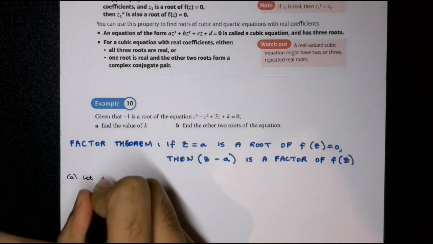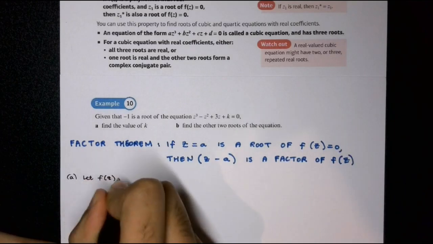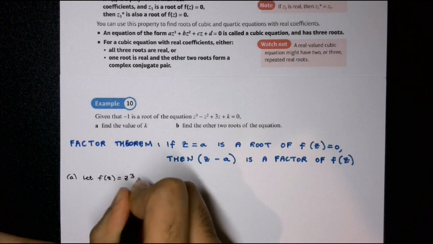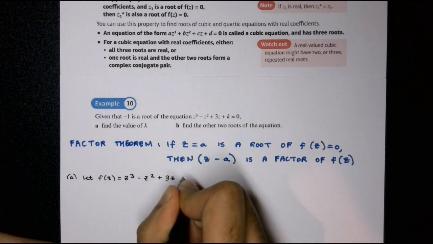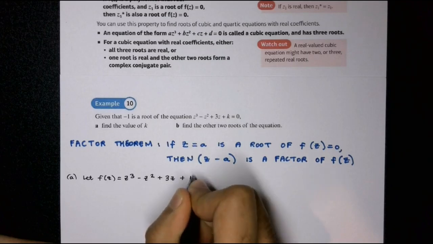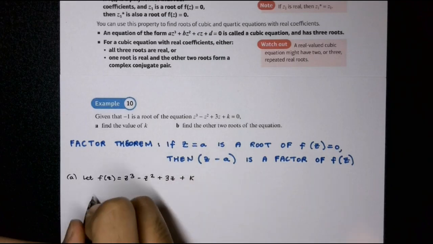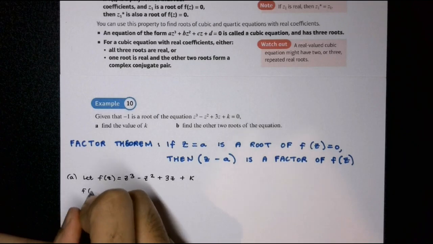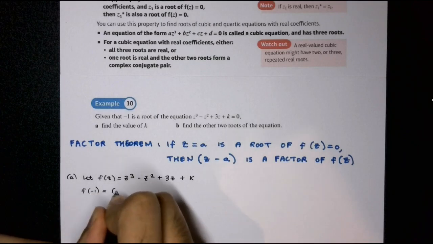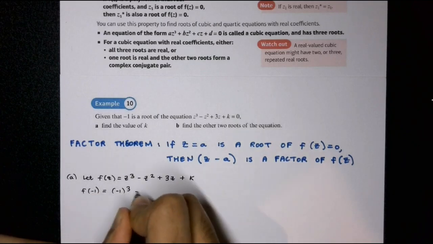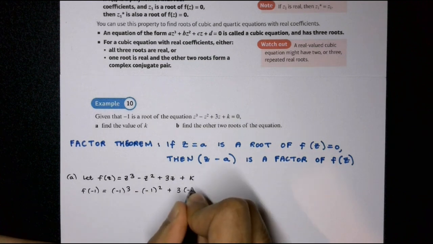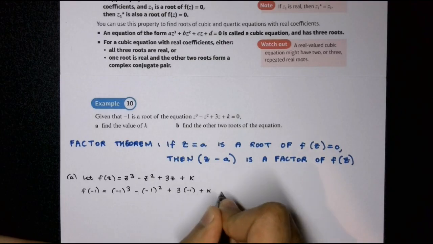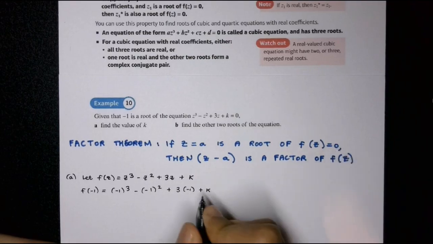So we will first of all let f of z equal z cubed minus z squared plus 3z plus k. And using the factor theorem, f of minus 1, we have minus 1 to the power of 3 minus minus 1 squared plus 3 lots of minus 1 plus k, and this is all equal to 0.